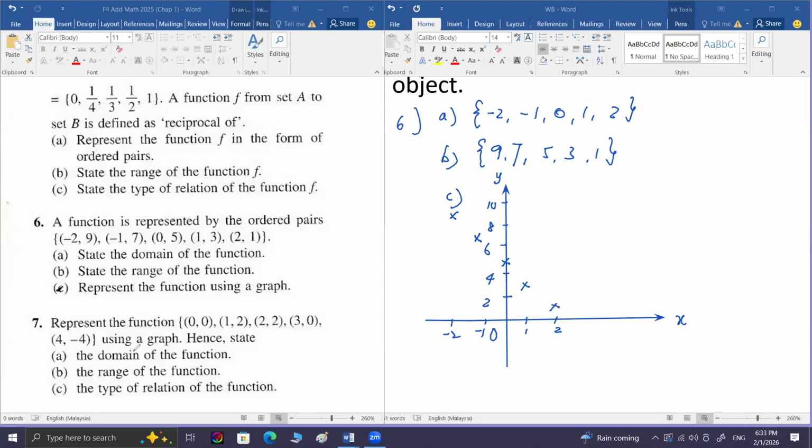Okay, so now class, I want you to try question 7. First, represent using a graph like just now. Then after that, tell the domain. After that, the range and also the type of relation.